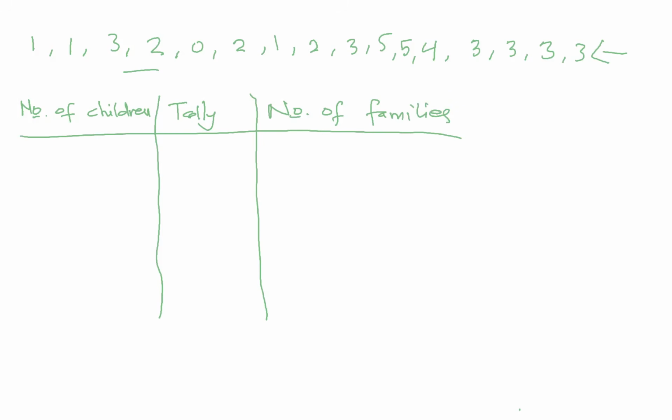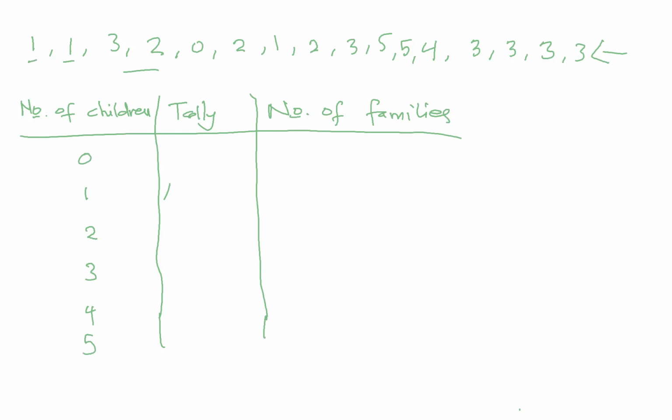So we start looking at our table. Ideally, you should arrange your data in ascending or descending order, but I will go ahead and work with it straight away. So we have the least number of children in this data is 0. And then there's 1, there's 2, there's 3, there's 4, and there's 5. Now we start. The first number is 1. So we do a first tally against 1.